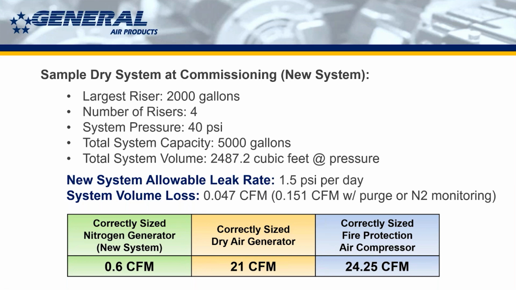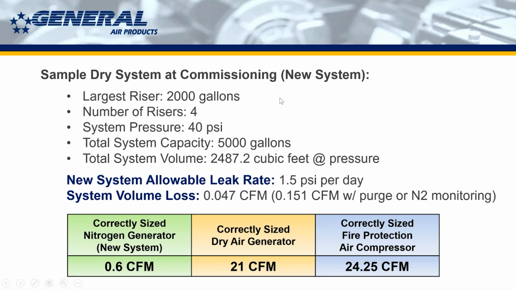But the cost of the corrosion protection is all of that flow. So we're losing all that flow and we're getting it down to 0.6 CFM. Now keep in mind though that 0.6 CFM at this state is more flow than we need. So on day one, we're good. We need a maintenance flow of a minimum 0.047 CFM, and we have 0.6 CFM. So we're doing fine on day one. Everything's sized right.